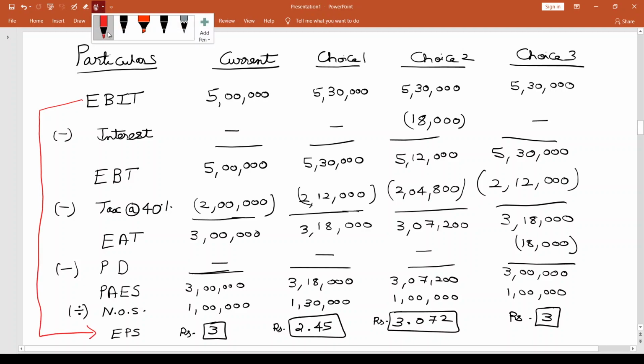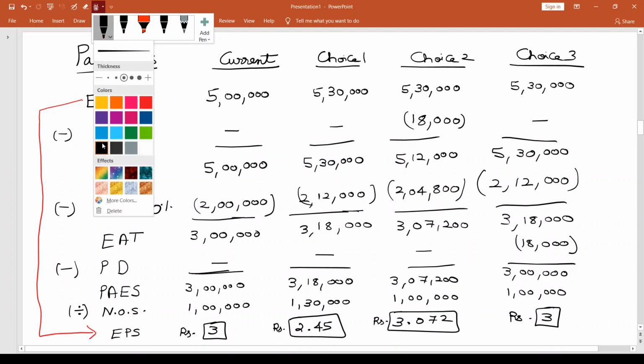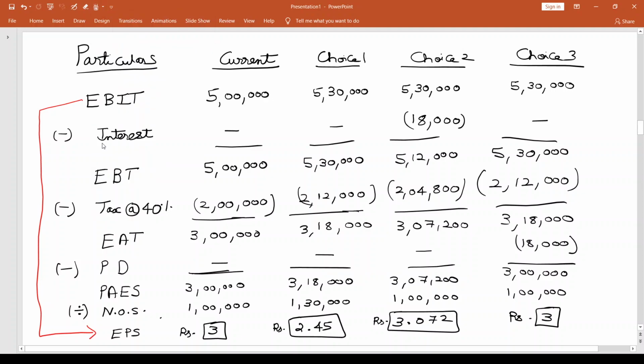So we can see that a lot of things differed in every calculation, right? Among choice 1, 2 and 3, it looks like choice 2 is the best as of now because we have the highest EPS. So looking at EBIT to EPS analysis, I would say we would have to go with choice 2. If I go with choice 2, shareholders are going to get extra EPS compared to what they are getting right now.